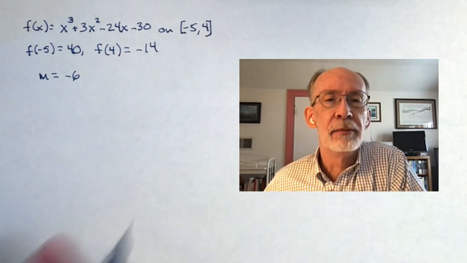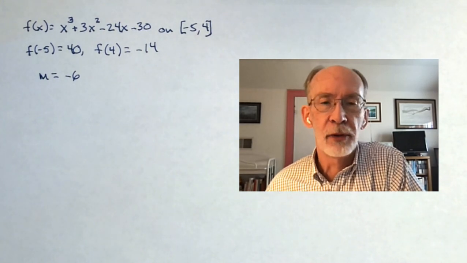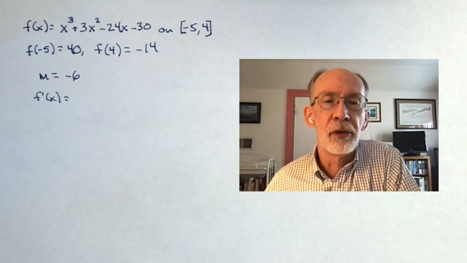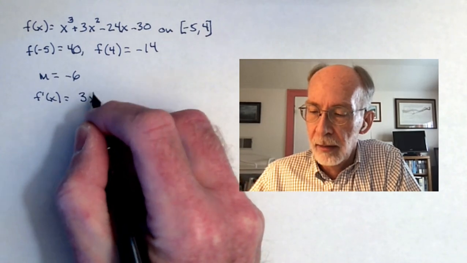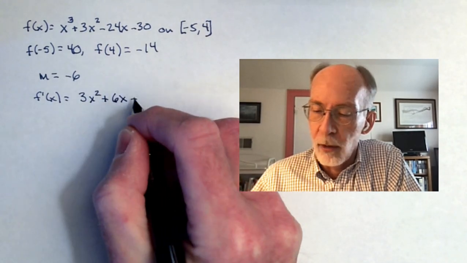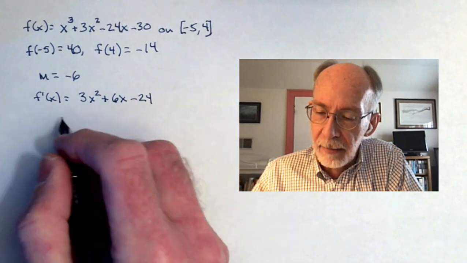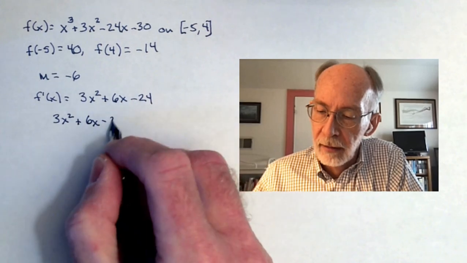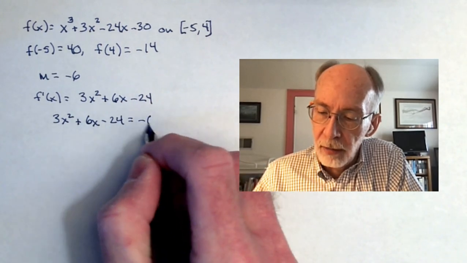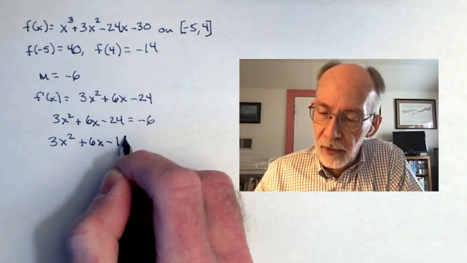So when we say that the instantaneous rate of change and the average rate of change are equal, we're saying basically that the derivative is equal to this value of negative 6. So what is f prime? If this is f, that's going to be 3x squared plus 6x minus 24. And for the derivative to be equal to the slope of the secant line, it must be the case that 3x squared plus 6x minus 24 is equal to negative 6, or 3x squared plus 6x minus 18 is equal to 0.